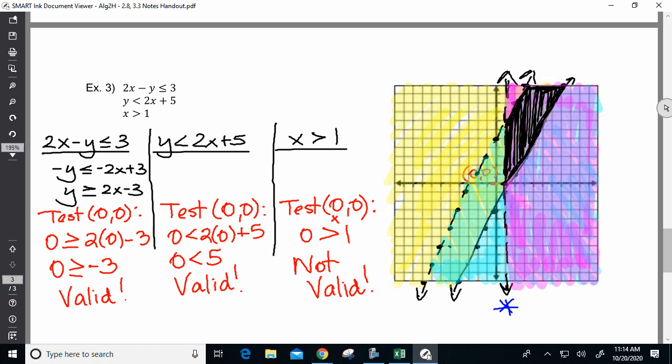Now, for the person that asked how would we indicate our final answer, on your quiz and subsequently on your test, the last question is going to tell you to pick a point that is in your answer area. So since this is my answer area, give me a point that is inside of that area.